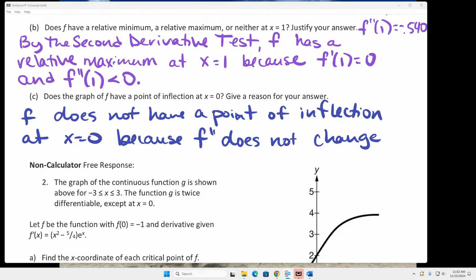Let's be a little more specific, sorry. Does not change sign at x equals 0. Or you can say there. It does change sign other places, so you have to be careful. At that point, that's fine.